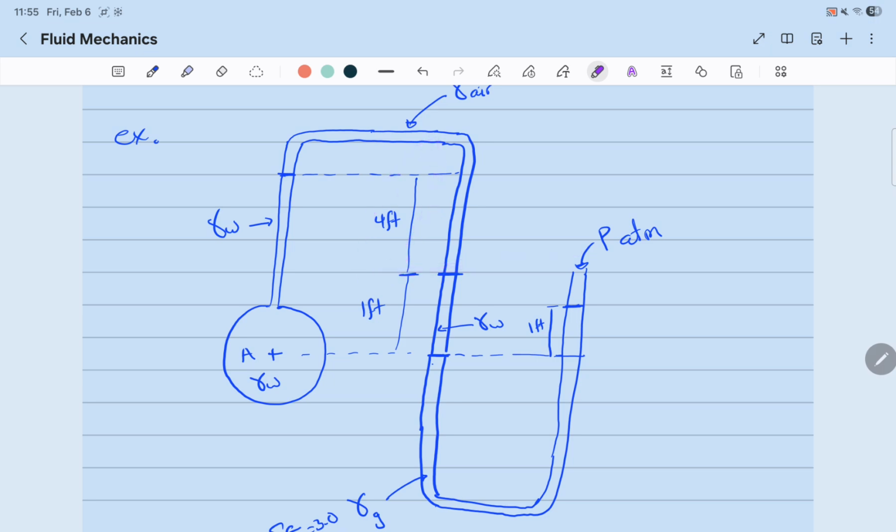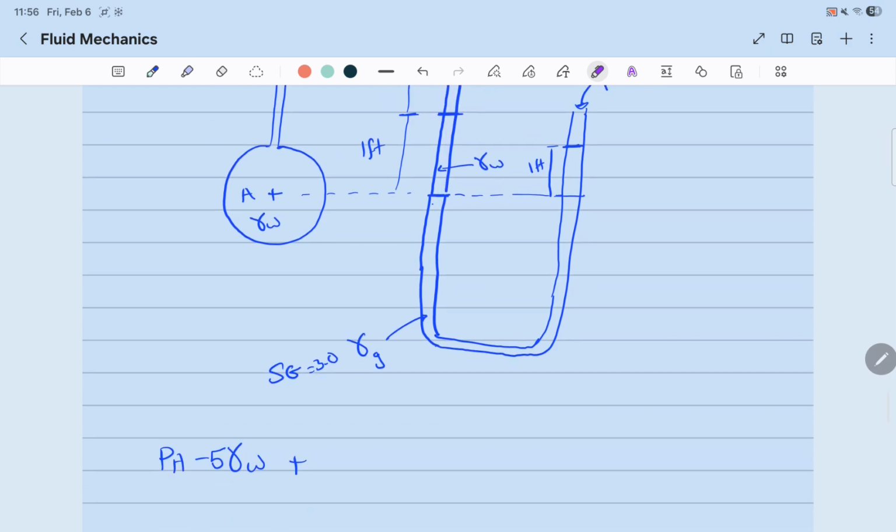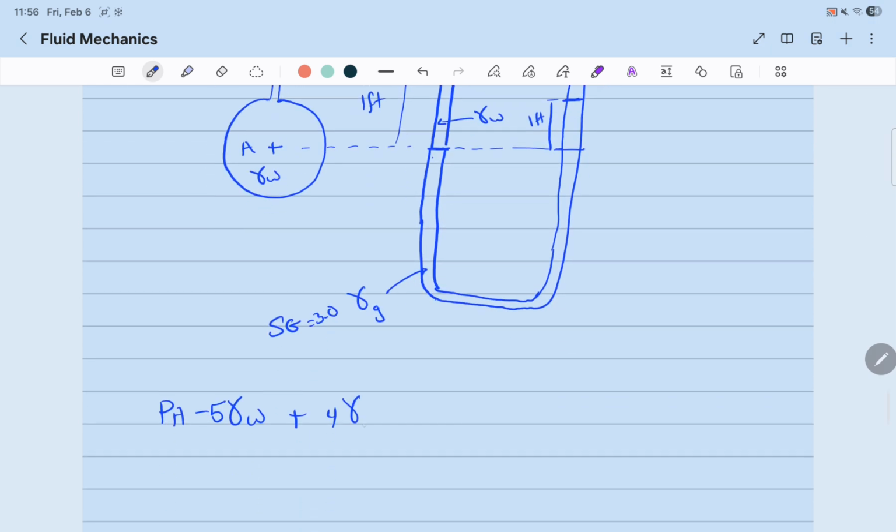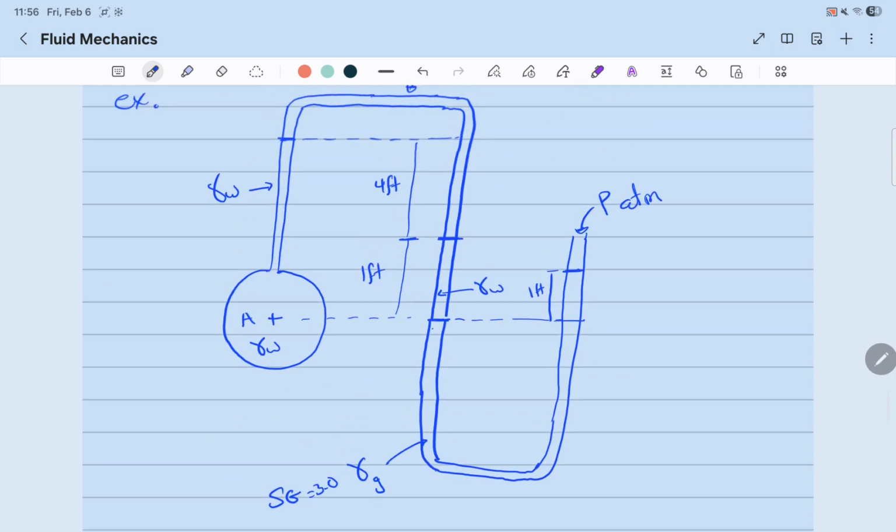Always try to start and stop where the fluid changes. From this point to this point that's air, and downwards it will be water. So plus 4 times the specific weight of air.